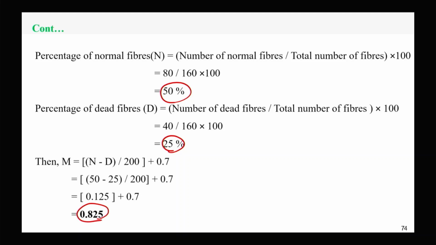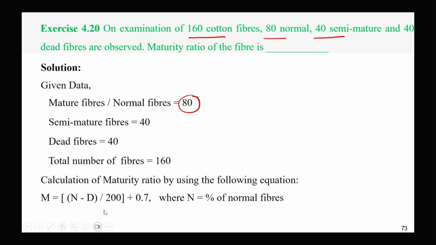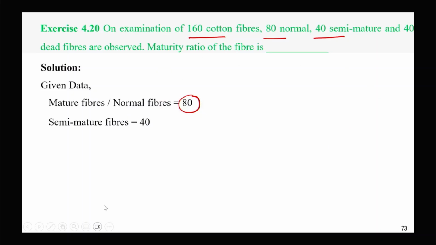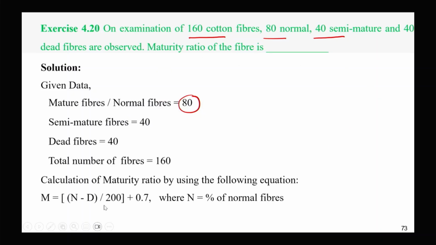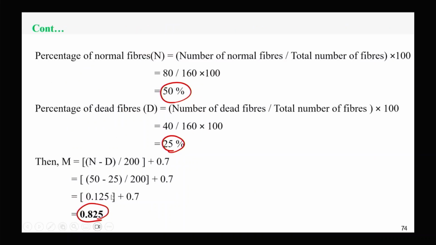We can see that this fiber is a little less mature than the earlier fiber, which was 0.85. So the proportion of mature fiber and dead fiber will determine the degree of maturity.